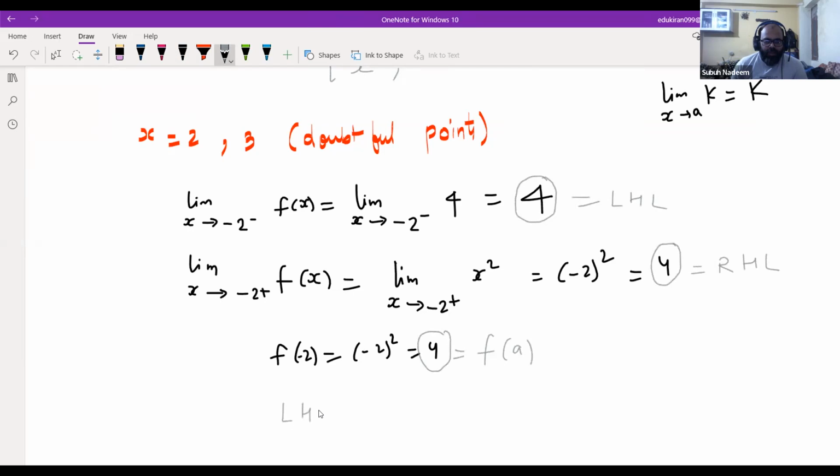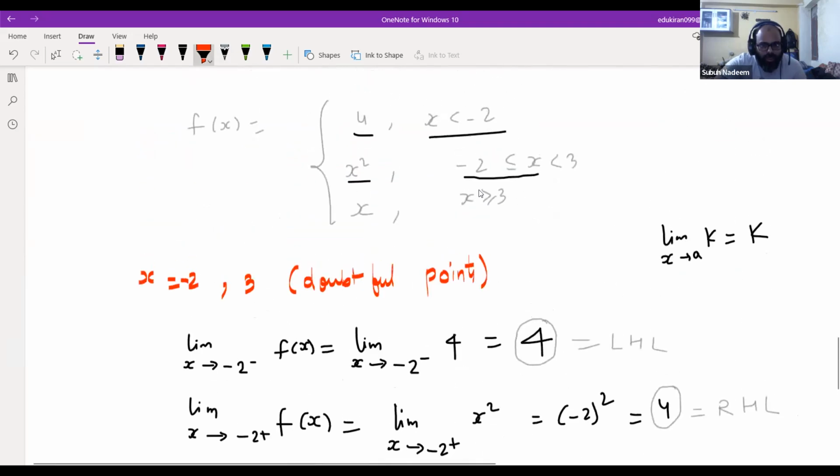So left hand limit is equal to right hand limit is equal to the function value at the point, so the limit exists and it is continuous at x equal to -2. -2 was a doubtful point, but our doubt got cleared: it is not discontinuous, it is continuous at -2.